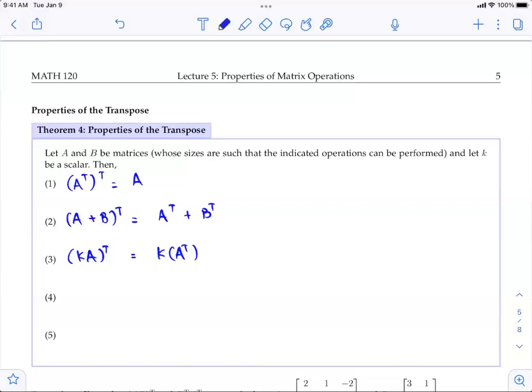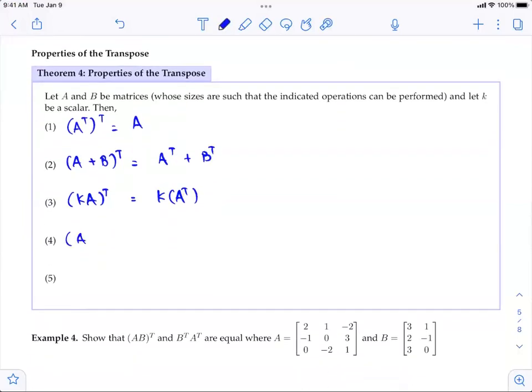The next one is the transpose of the product is equal to B transpose times A transpose. So it's a little bit different than you may think. Here the transpose of the sum is the sum of the transposes, but the transpose of the product is equal to B transpose times A transpose.